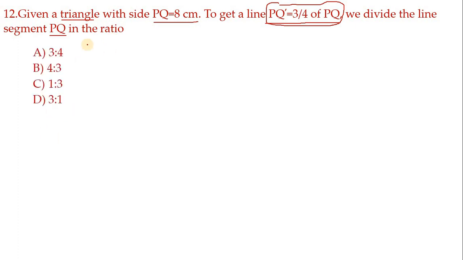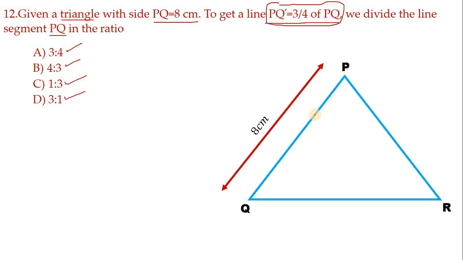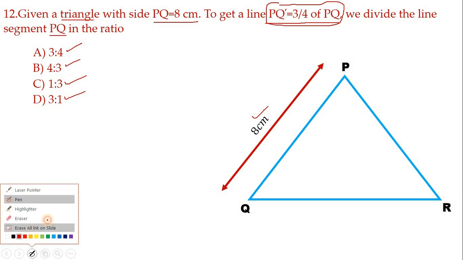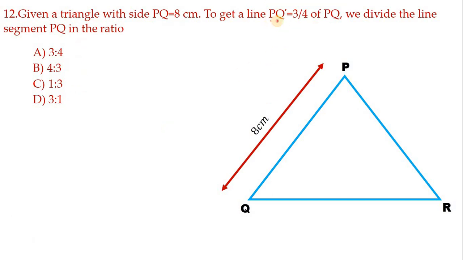Before that, let us look into the options: 3 is to 4, 4 is to 3, 1 is to 3, 3 is to 1. Now let me consider a triangle, and PQ they said is 8 cm. Next, they are saying the length of line PQ dash is 3 by 4 of PQ.